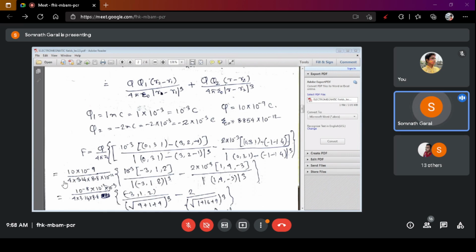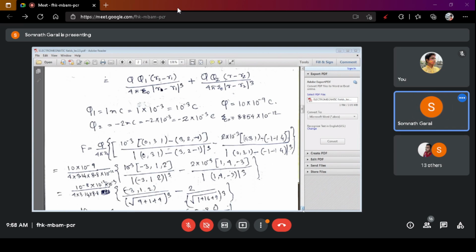Then the denominator part is mod of 1, 4, minus 3, whose cube, right? Okay.